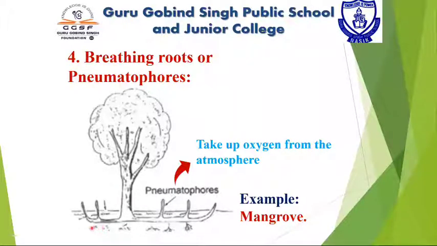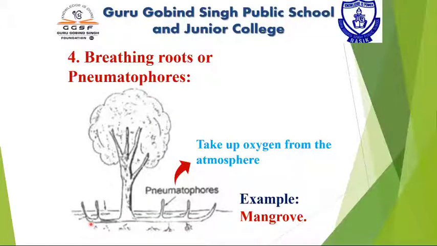Saline means soil containing salt or brackish water. Brackish water is the water in which salt water and fresh water commonly mix together. The term mangrove is also used for tropical coastal vegetation consisting of such species.